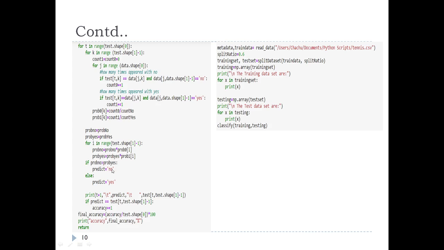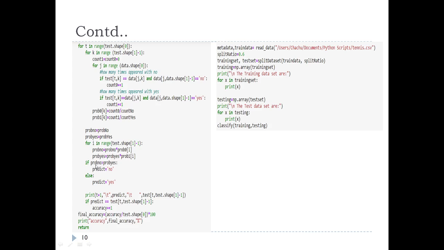Then next, we will compare the probability values of class yes and class no. As in the previous example I told you, whichever probability value is higher, meaning the highest value, the test data belongs to that particular class.